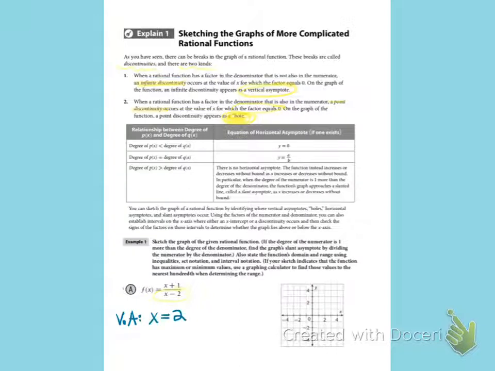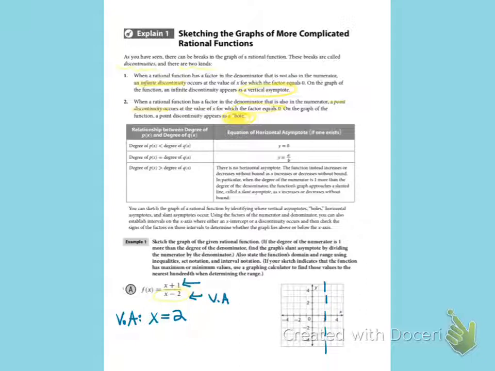And I know that this is not a hole, as we discussed earlier, because the factor x minus 2 does not cancel with the same factor in the numerator. So it doesn't create a hole, it actually creates a line of discontinuity, which is an asymptote. So over here on my graph at 2, I have a vertical line that's going to split this graph.